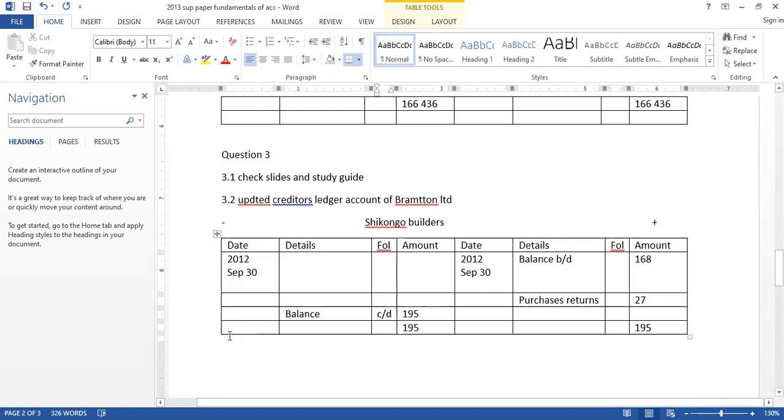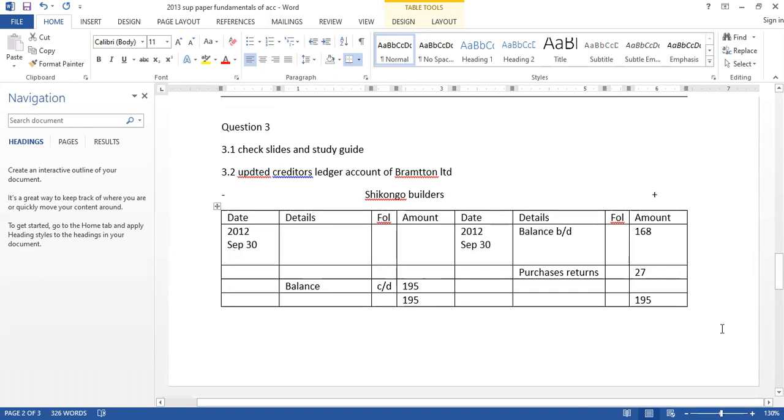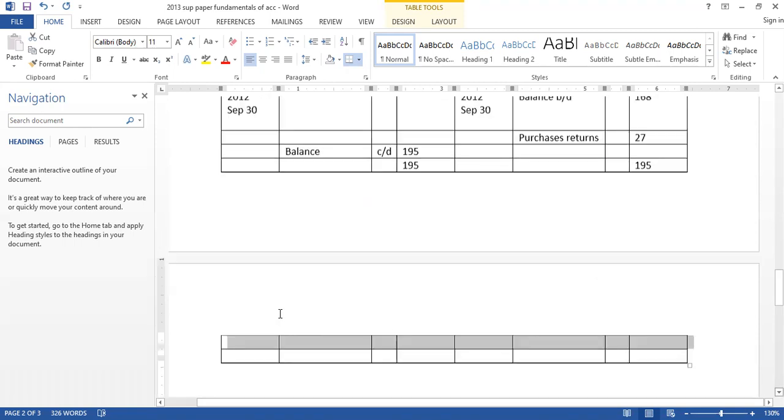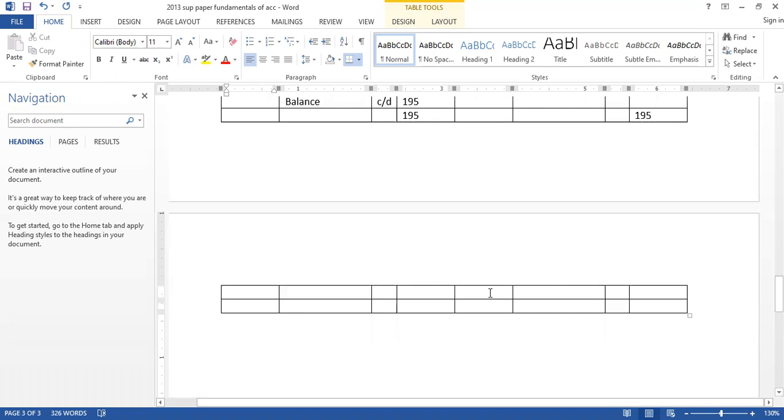And then from there, you bring it down to the opposite side, which will now be the 1st of October.